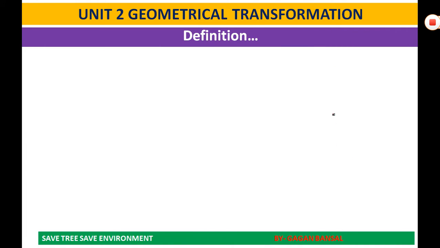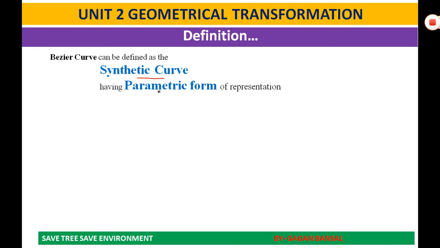So first of all I'll be taking one definition related to Bezier curve. This will lead you to get the complete information related to Bezier curve. So Bezier curve can be defined as the synthetic curve having parametric form of representation. I am pre-assuming that you know what is synthetic curve and you know what are parametric form and the other terminologies used in the subsequent lecture.